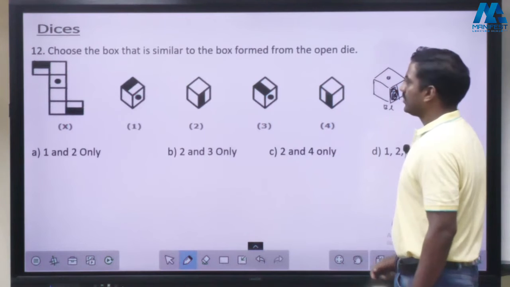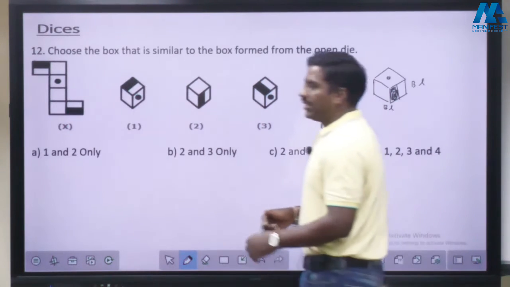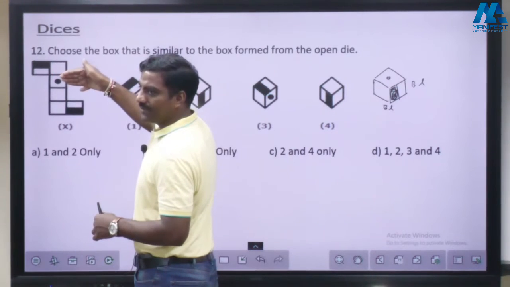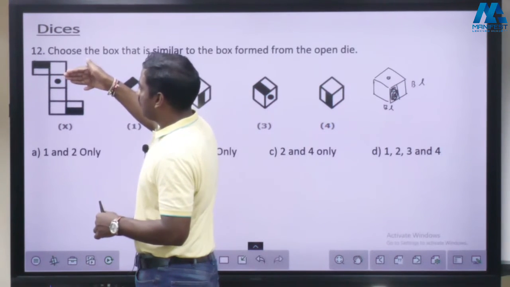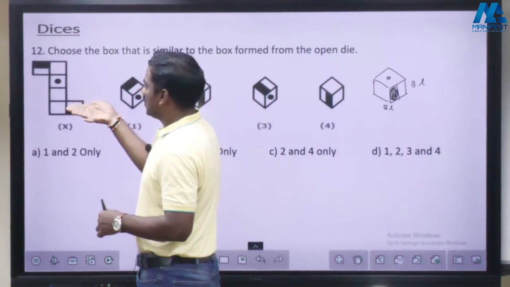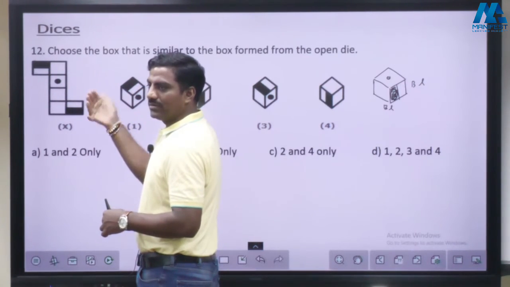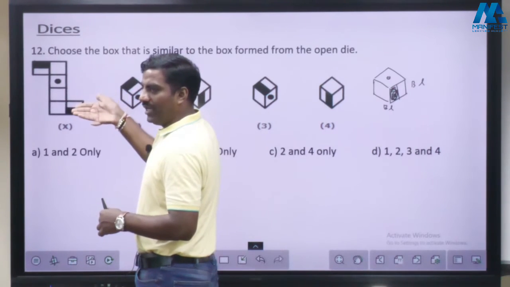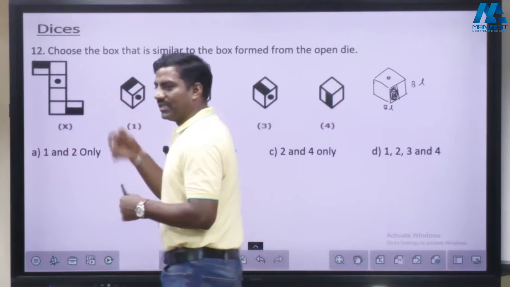And it's opposite. How does it come? First, it will go like this. Then that is in the back. Then bottom. Then like this. So black is going that side, coming towards me and getting upward like this.